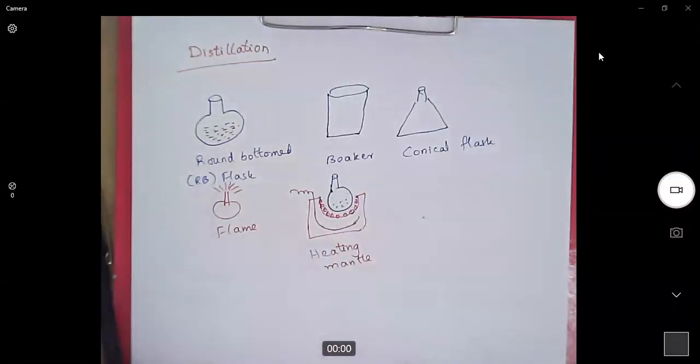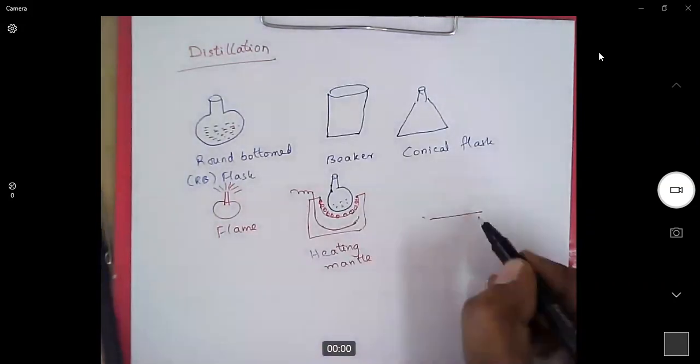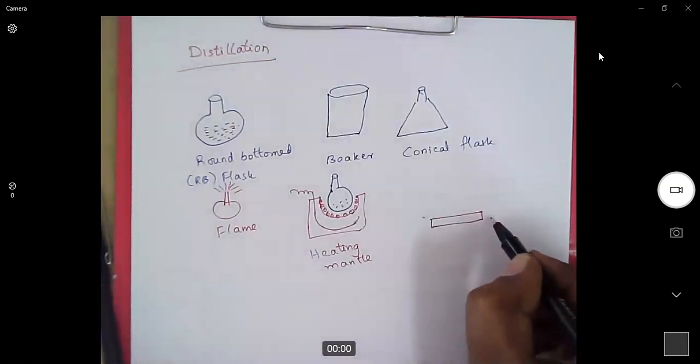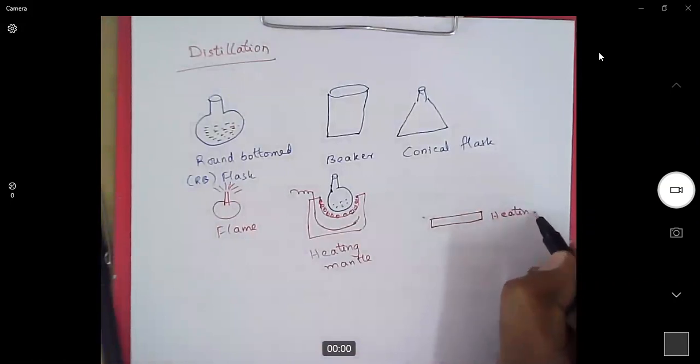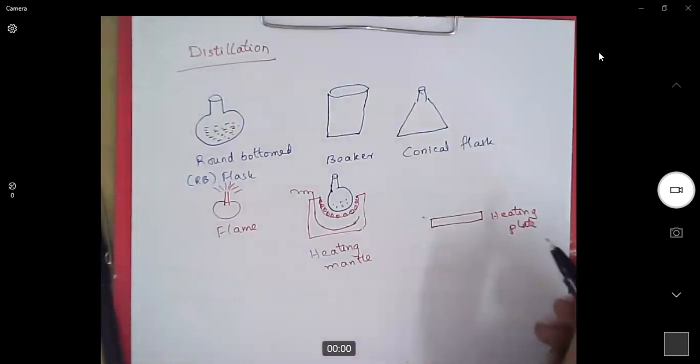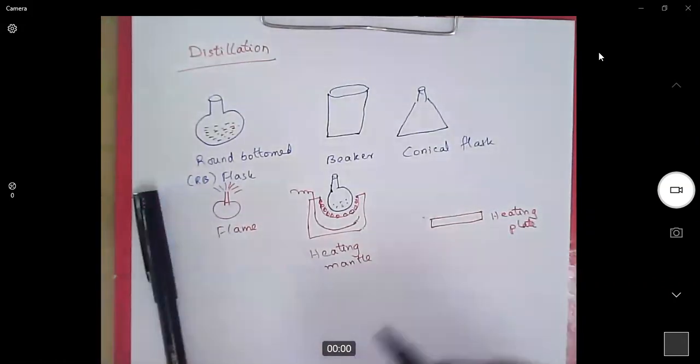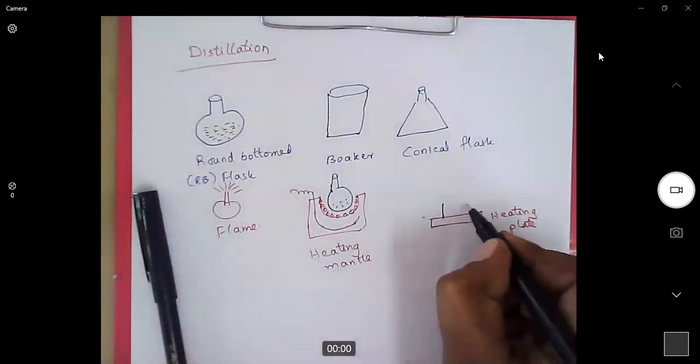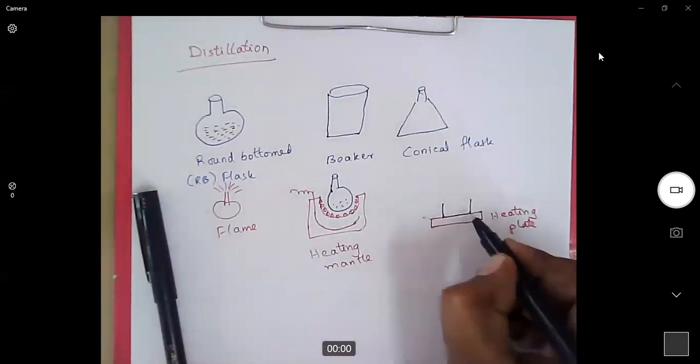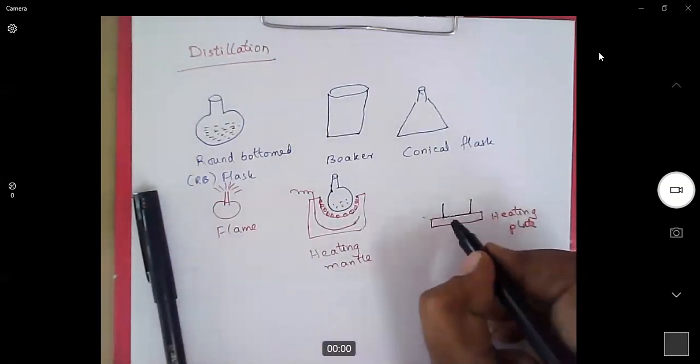Now, the other way is we can use an oil bath. What is an oil bath? Take a heating plate, then place an oil bath. What is this oil bath?